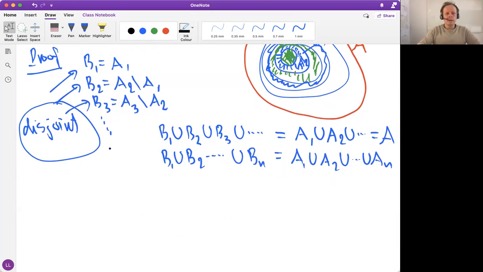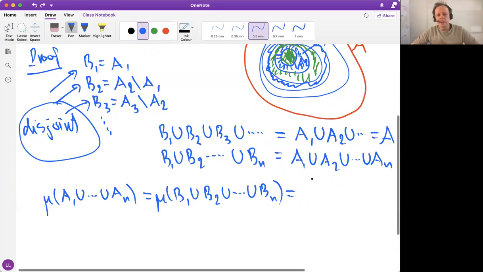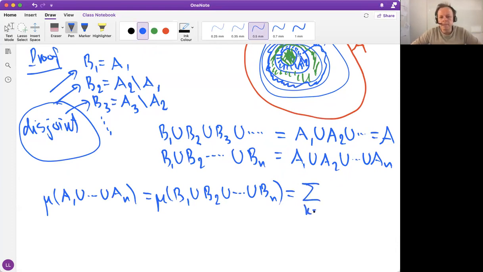And that's why if we take the measure of A1 union up to An, it's the same as the measure of B1 union B2 up to Bn. And because these are disjoint, it's the sum from k equals 1 to n of the measure of Bk.